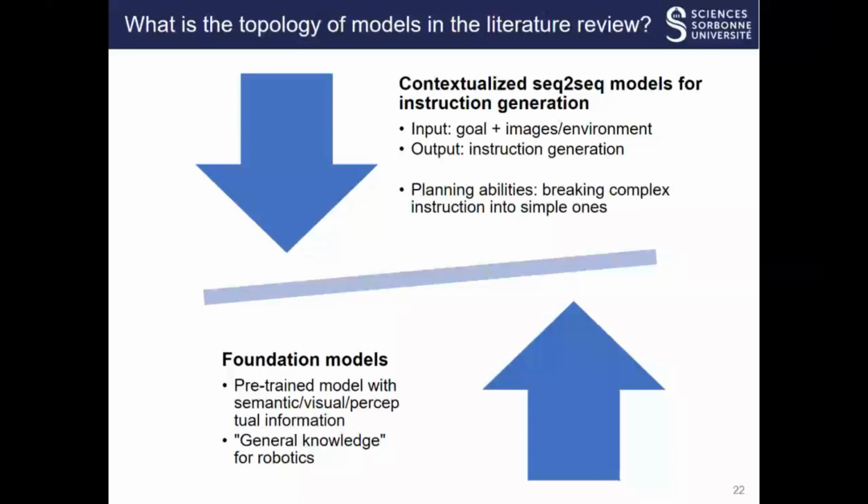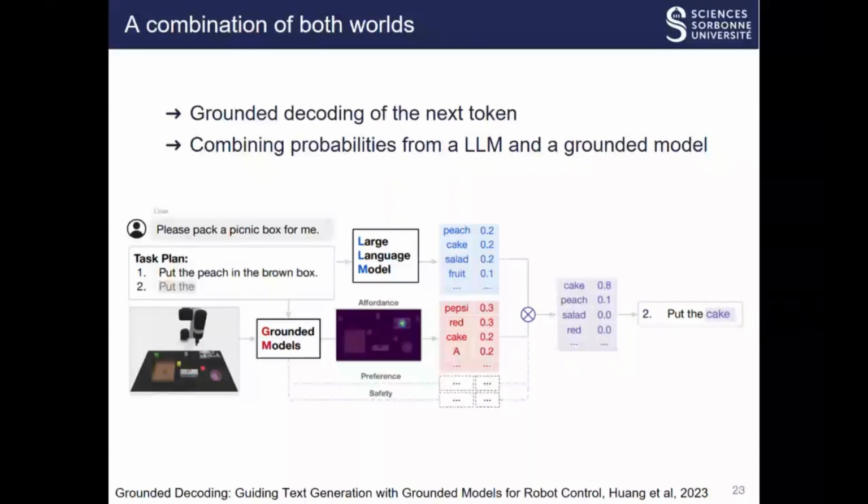So just a summary, these are the two extremities of the topology, but in the middle we have a lot of variation of models, and I will present you some of them and how the large language models are mainly used. So here this is a combination of both worlds in which you have a foundation model, called here grounded, that takes images and text and also provides different capabilities.